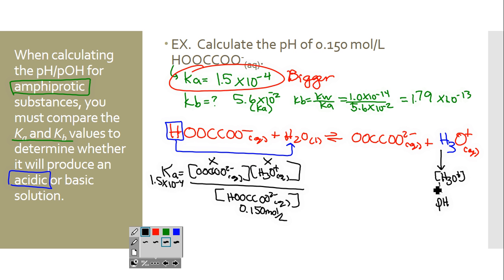Now, once we figure out X, remember that X, if you've forgotten, is telling us the concentration of hydronium. So in this scenario, when we simplify and we find X, we end up with 0.004743 moles per liter, which is the concentration of hydronium.